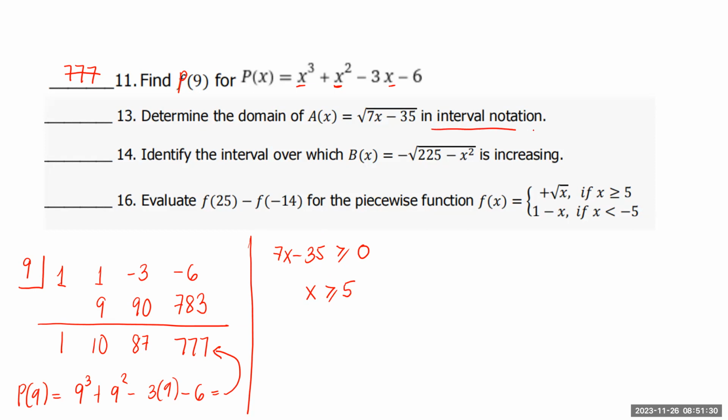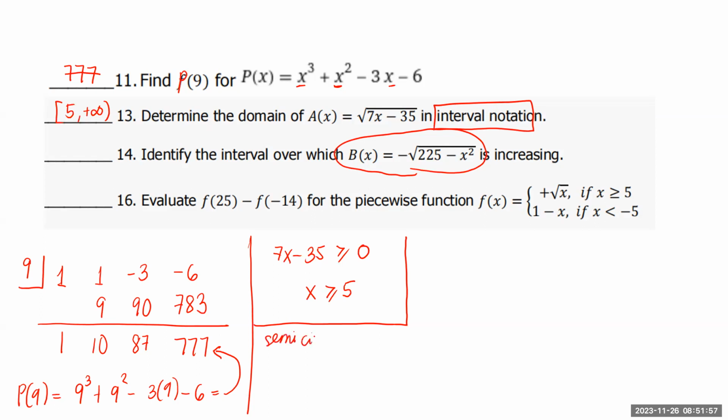But the question asks for an interval notation, so our answer should be open bracket 5, comma, positive infinity. Third problem. Again, another square root function, but this time we need to identify that this is a semicircle.